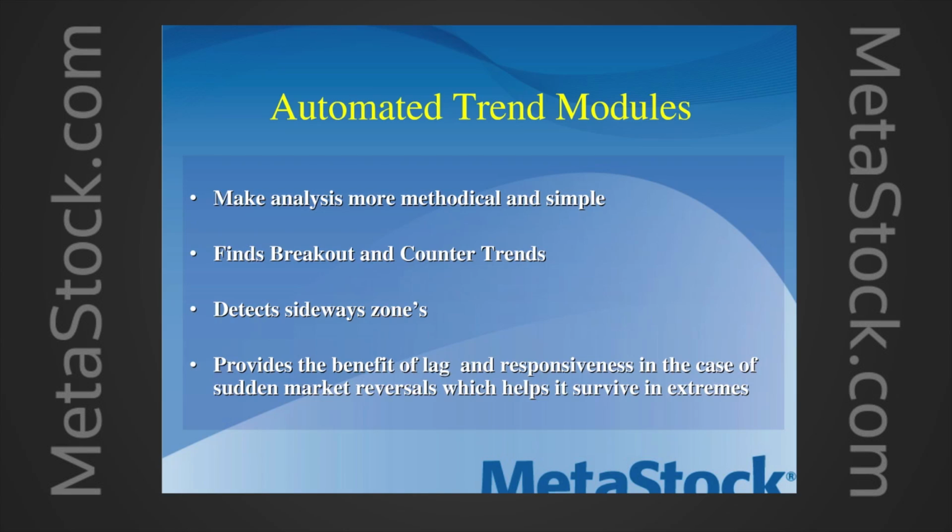Now, if I could find out if the market's probably in a sideways zone or in a range-bound zone, I would be able to save myself from a lot of bad signals. So let's say you like a particular indicator or you have a strategy or a method that you like to follow, and you detect that the market's in a sideways zone, you would actually stay out of that trade.